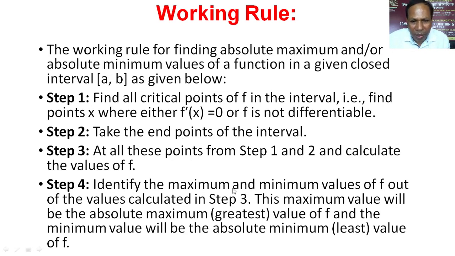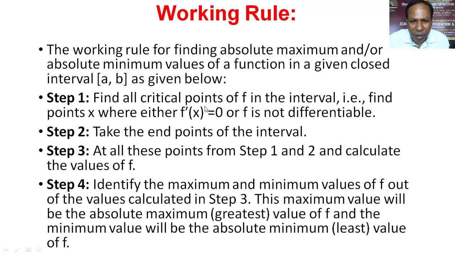Now identify the maximum and minimum value of f out of the values calculated here. So that means after equating f'(x) to 0, suppose we find x is equal to x1, x2 and x3, and our end points are a and b.